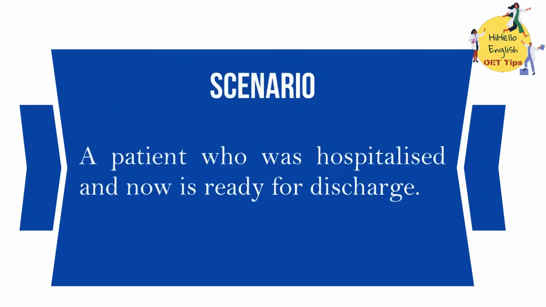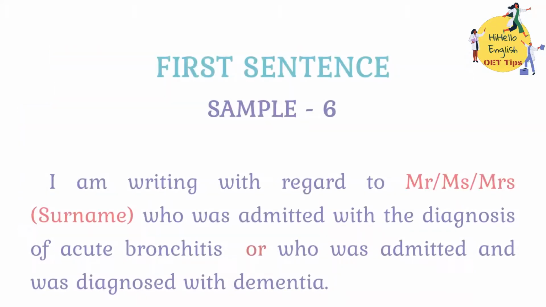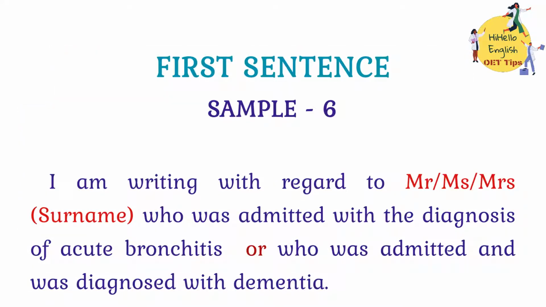In the next scenario, you're writing about a patient who was hospitalized and is now ready for discharge. Let's look at some of the samples for such a scenario. The first one, I'm writing with regard to Mr., Miss, Mrs. and then the surname, who was admitted with the diagnosis of acute bronchitis or who was admitted and was diagnosed with dementia.